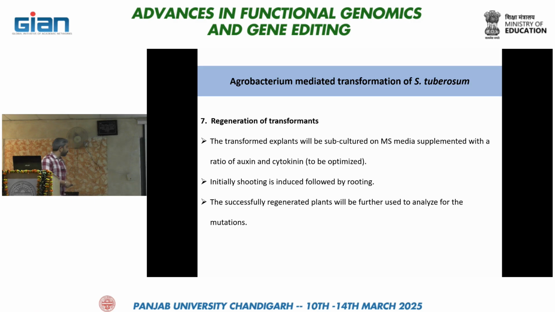The successfully regenerated plants will be further used to analyze for the mutants, because till now we can say that we have successfully developed transformed plants harboring our vector specific for that guide RNA. So we have to analyze the mutations in the developed lines.